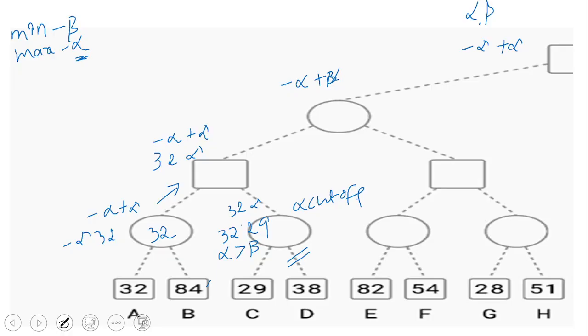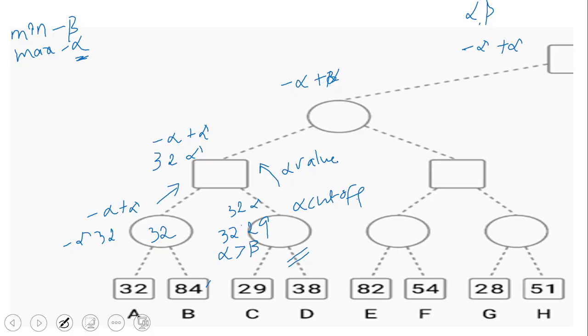Whenever an alpha cutoff occurs, the alpha value will be returned to the immediate maximum node, and alpha will be updated. So already it is 32 infinity.